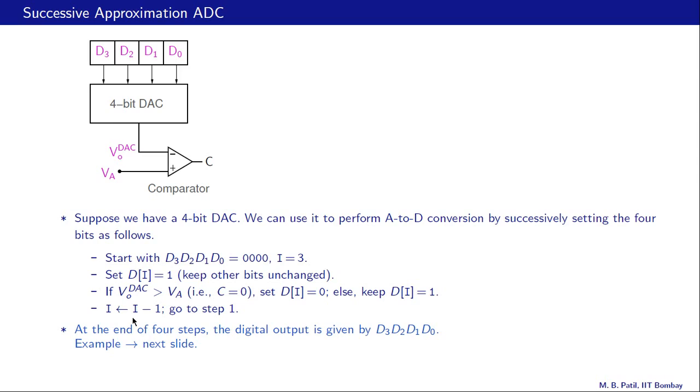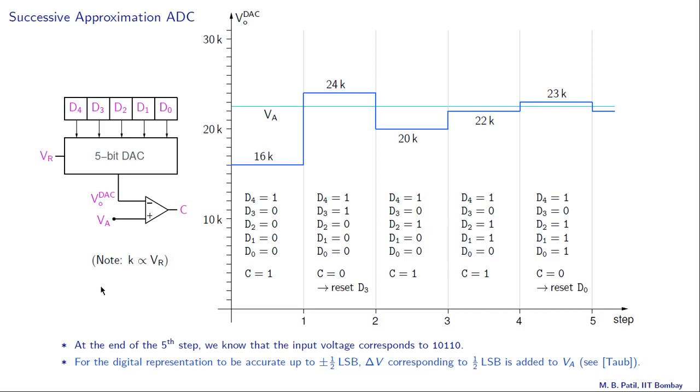So that is the algorithm, and it will become more clear when we look at an example in the next slide. At the end of 4 steps, the digital output is given by D3, D2, D1, D0. So at the end of 4 steps, the contents of this register will be the digital output that we are looking for. Let us now consider this example.